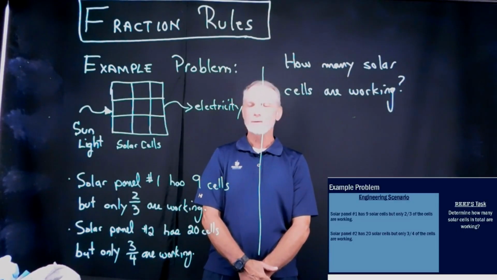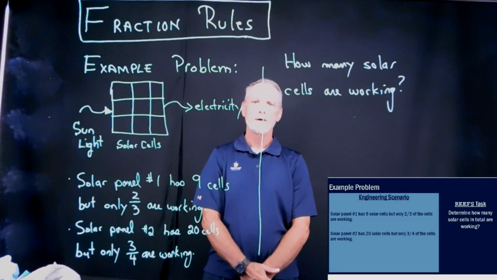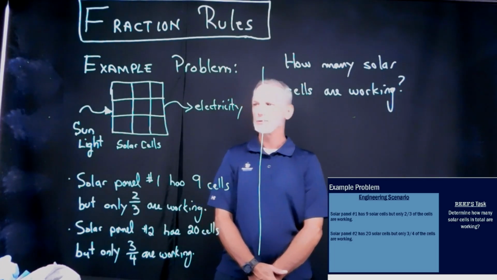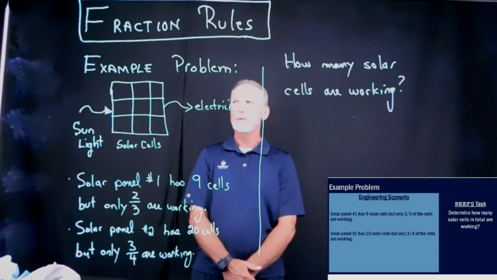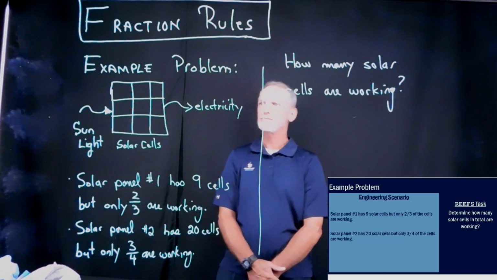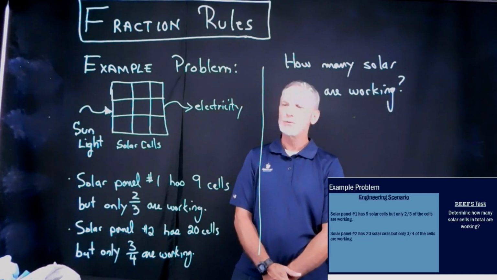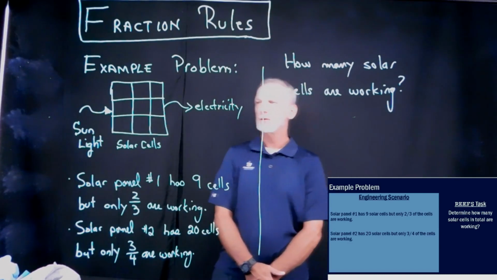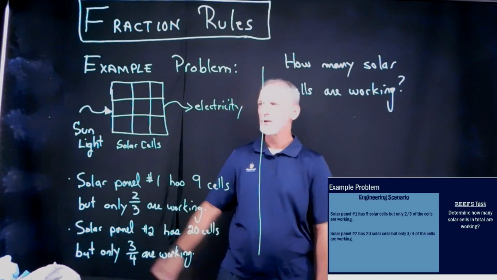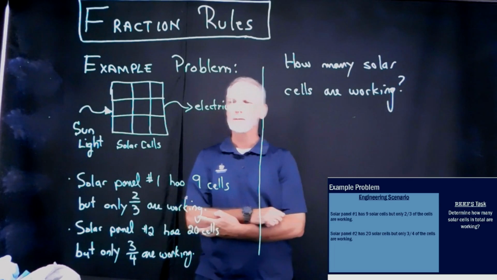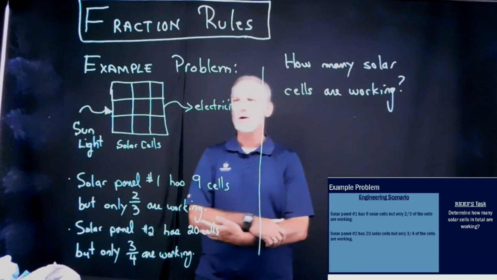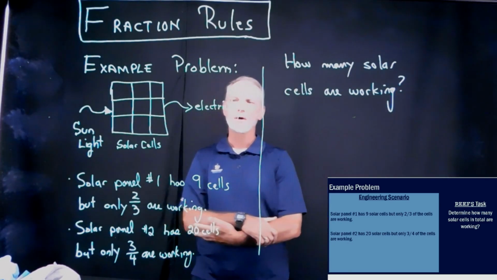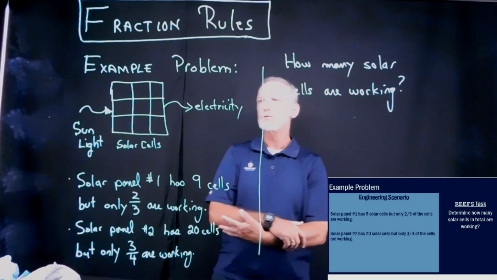So let's do a practical example of using the fraction rules. In this example, we have two solar panels with different numbers of cells. The way a solar panel works is light comes into the solar panel, and the solar panel is constructed so that it converts the sunlight into electricity.